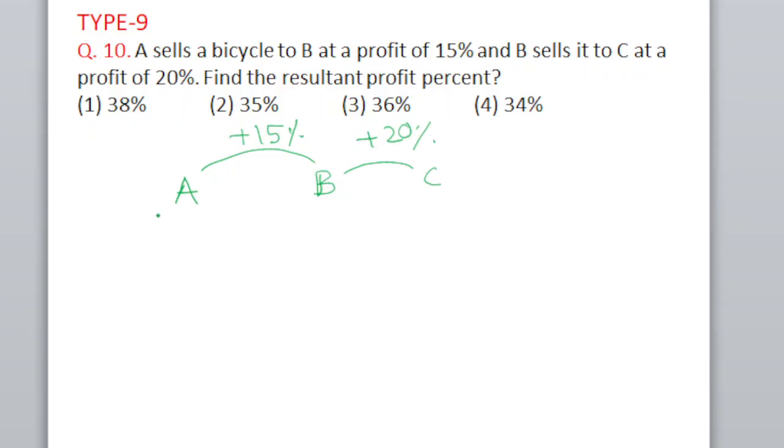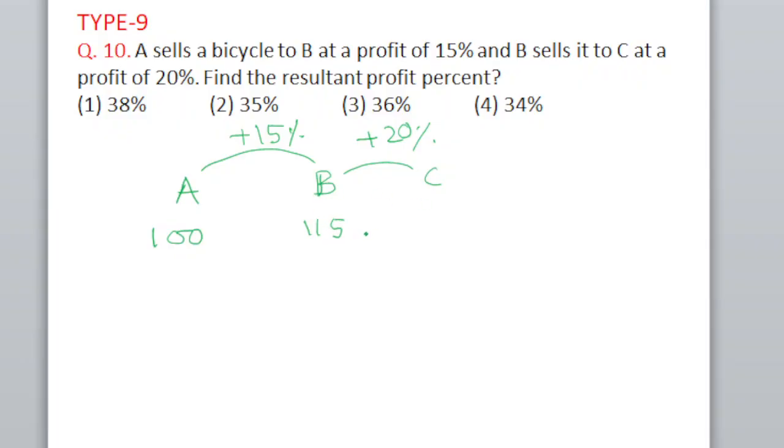Now, suppose the CP for A is rupees 100, then the selling price will be 100 plus 15% of 100, so that is equal to 115. And again B sells it to C at a profit of 20%.